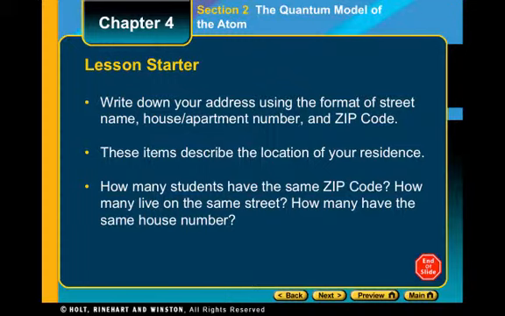But many of you would have the same zip code. What about the same street? Maybe a few, not as many. What about the house number? You each have a different combination of those three, right?